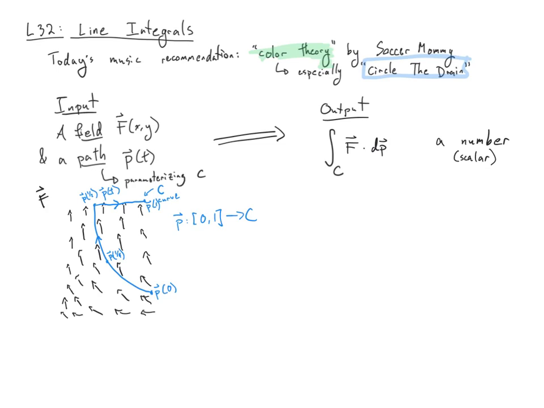So what is the output that we associate to this path and this field? It's supposed to be a number, and it's sort of supposed to tell you how much you are moving with the field. So how much p agrees with f.